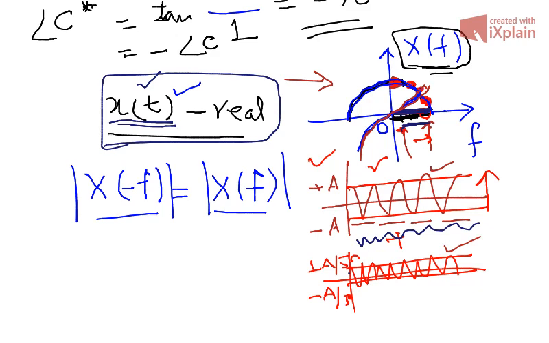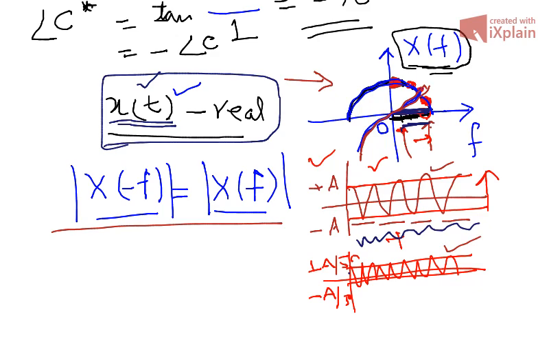So for the real signal x of t, the magnitude response has this property: it is an even function.